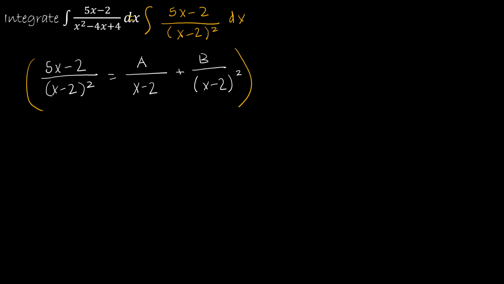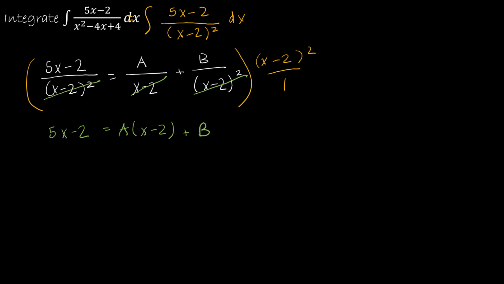So I'm going to take everything multiplied by x minus 2 quantity squared over 1. My first fraction, the x minus 2 quantity squared, would cancel completely, leaving me with 5x minus 2. For my second fraction, one factor of x minus 2 would cancel, leaving me with a times the remaining factor of x minus 2. And then for my third, I get plus b, because x minus 2 would cancel completely.